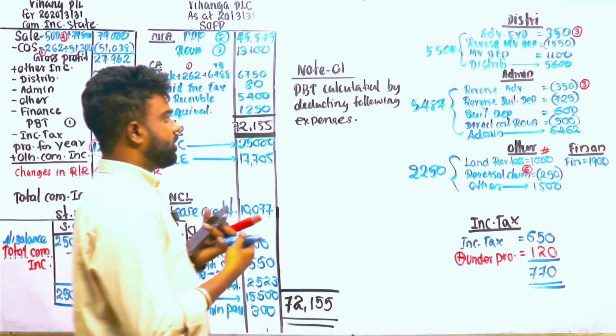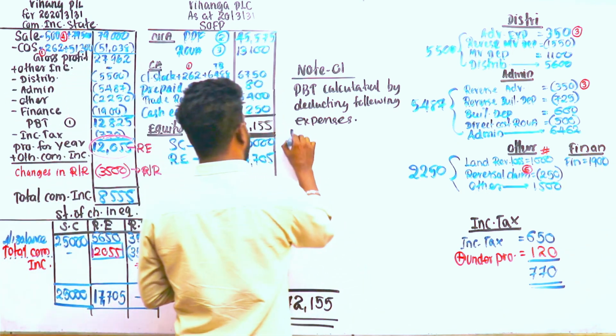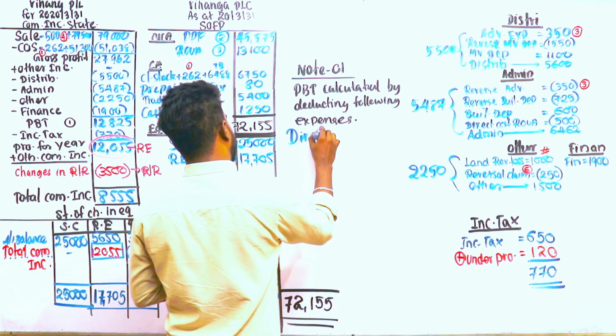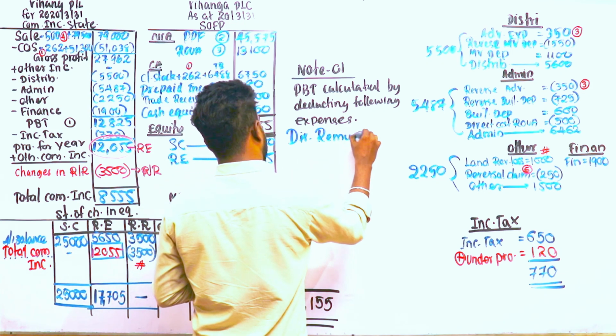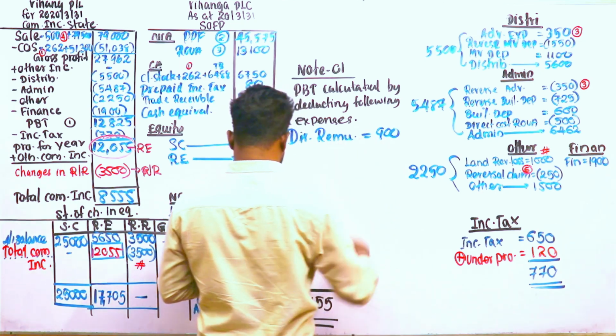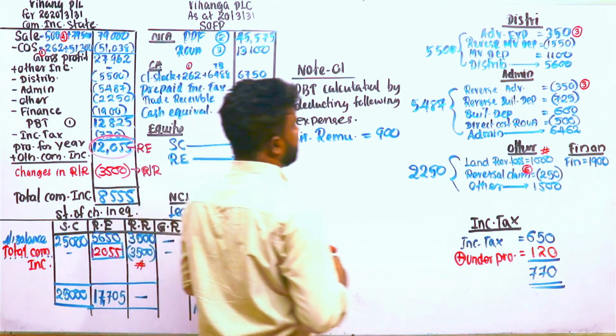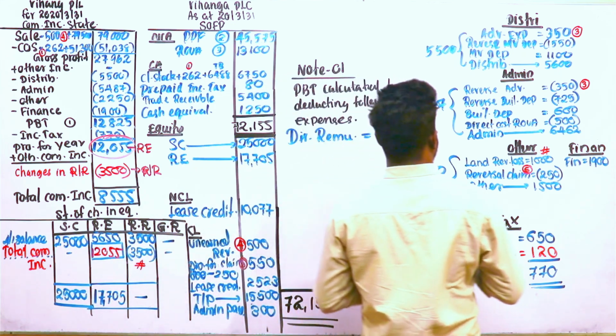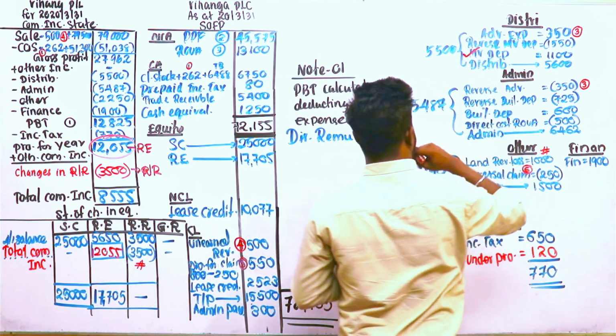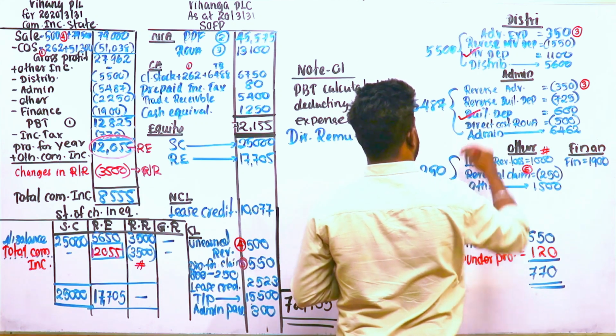Remember, directors' remunerations, remember to write that. Directors' remunerations 900. Depreciations: record motor vehicle depreciation, building depreciation.